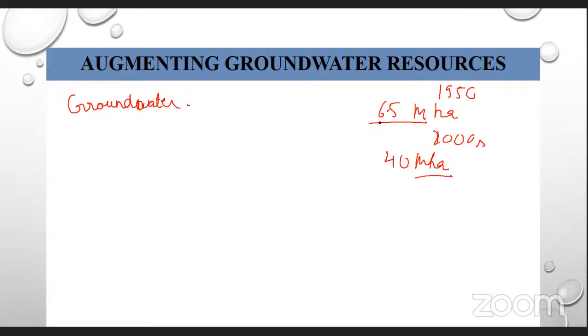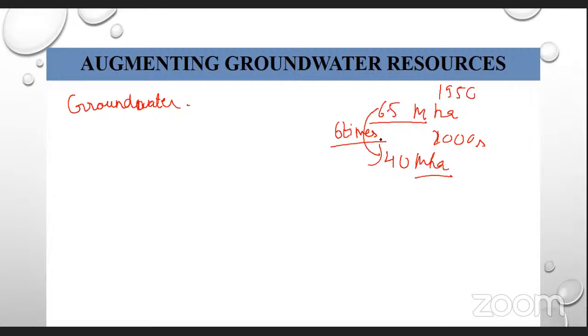See, it has become about six times greater. Now the present rate of annual gross withdrawal is less than 50% of available groundwater for irrigation.